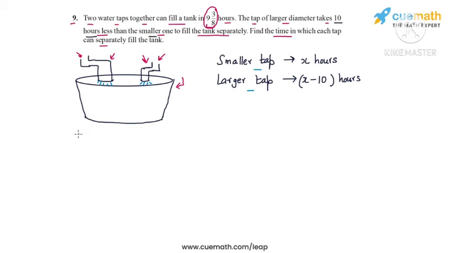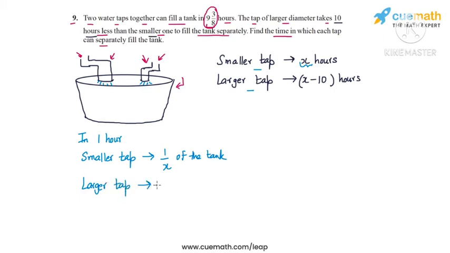So in 1 hour, if the smaller tap is running alone, it will fill what fraction of the tank? Because it takes a total of X hours to fill the whole tank, in 1 hour it will fill 1/x of the tank. And similarly, the larger tap, if running alone, in 1 hour what fraction of the whole tank will it fill?